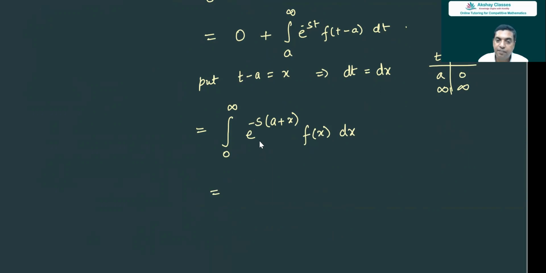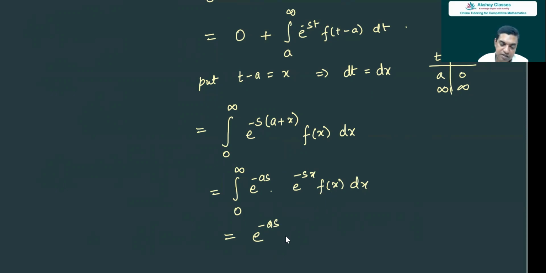Now we can write this as 0 to infinity e power minus as into e power minus sx into f of x dx. Now this is a constant, it comes out because the integration is with respect to x, x is not there. So e power minus as, and this is the Laplace transform of f. This is the Laplace transform of f.